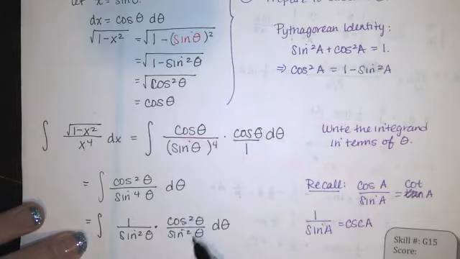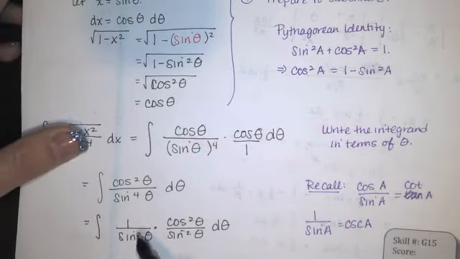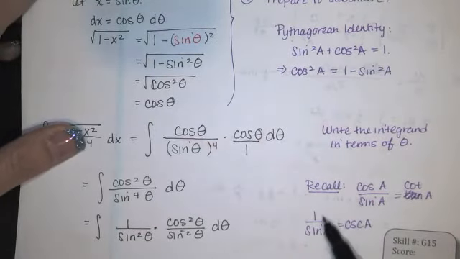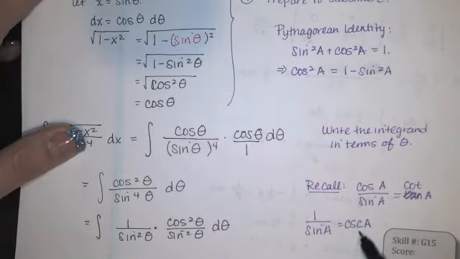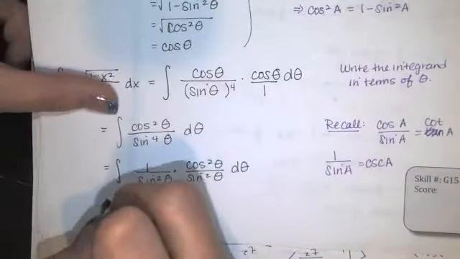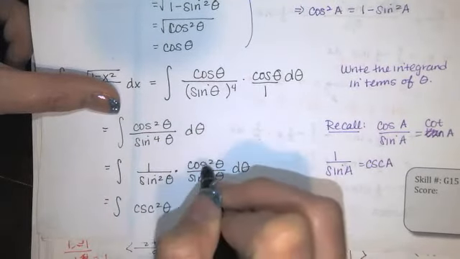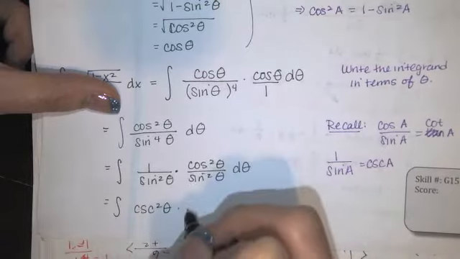So I take a cosine squared and I group it with this sine squared, knowing that cosine over sine can be written as cotangent. And then 1 over sine squared is related to this 1 over sine. Since 1 over sine of an angle is cosecant of that angle, 1 over sine squared of that angle is cosecant squared of that angle. And cosine squared over sine squared is cotangent squared.